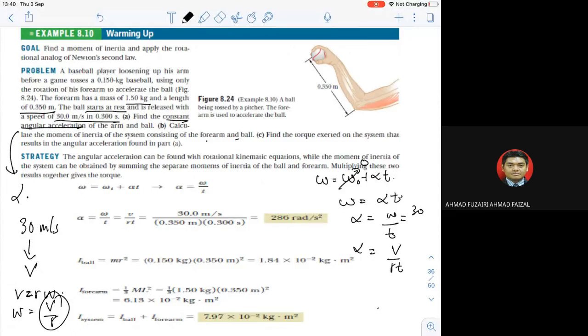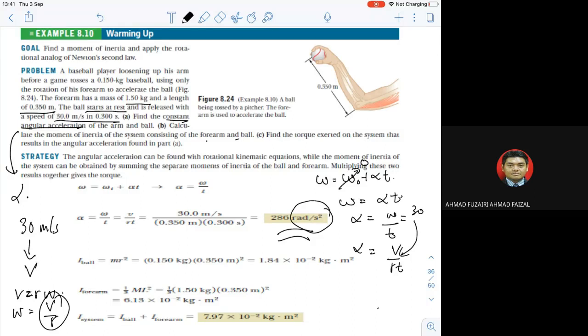So then you can put 30 as v, and the radius, sorry, the length from the forearm to the ball is 0.35, and t is 0.3 seconds. Okay, and then of course alpha will be given by the equation as 286 radians per second squared. Look at the unit used, radians per second squared. That should be alpha.